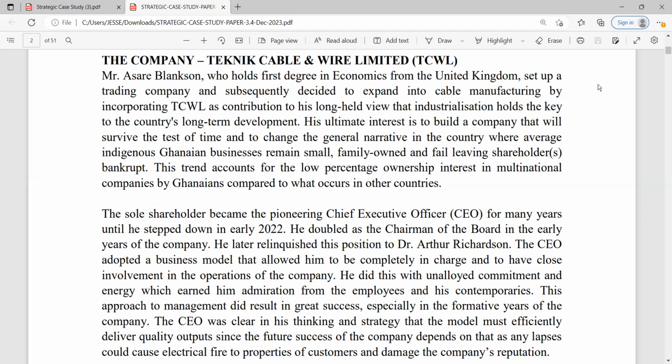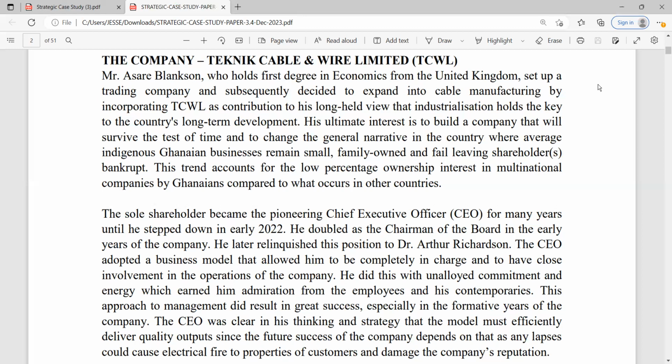What are some of the implications of being a sole shareholder? It means that your capital is only limited to you, or limited to maybe banks as well. But when a company allows multiple shareholders, it means that it can raise capital from the public.